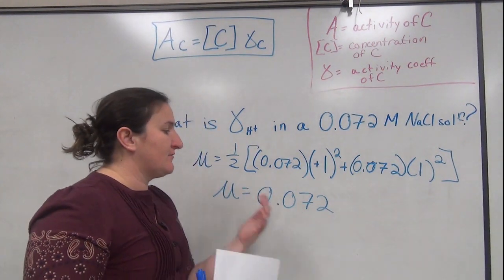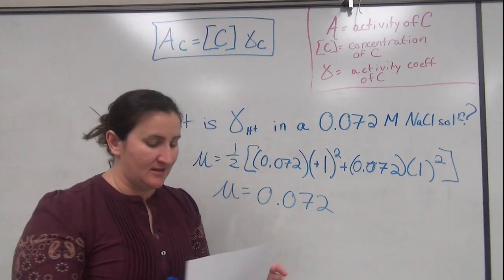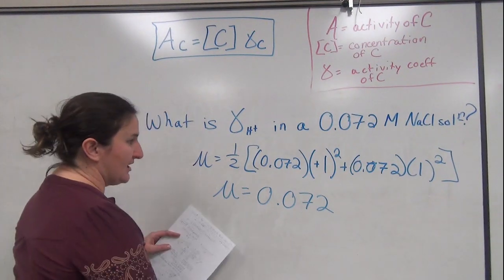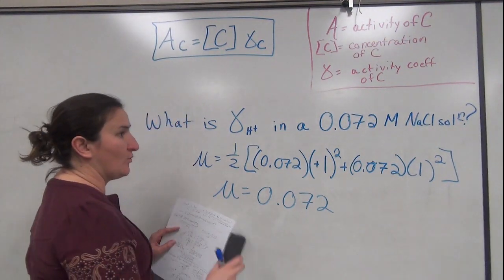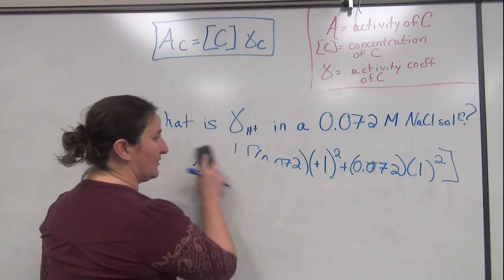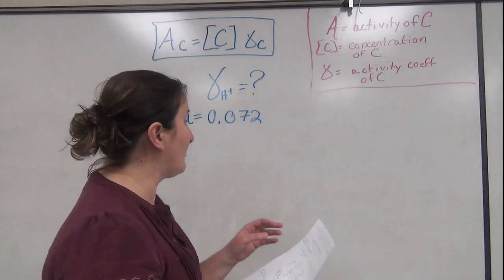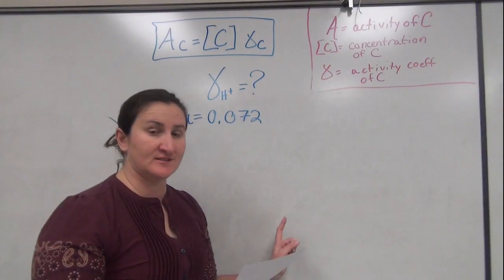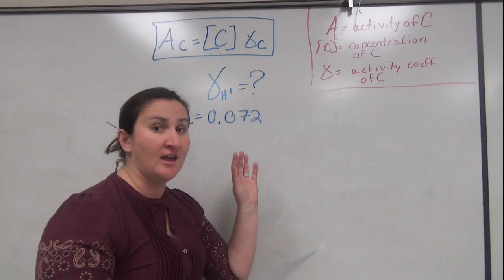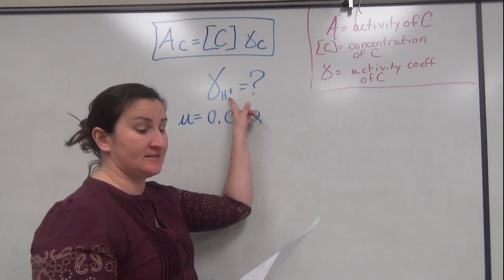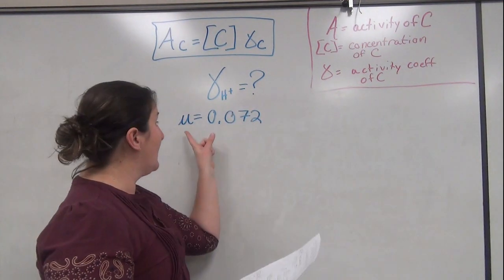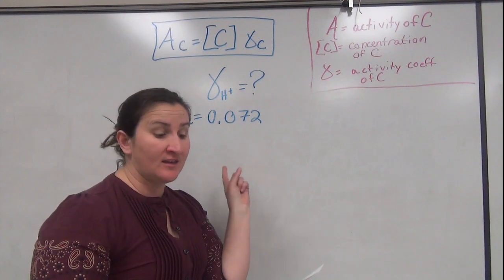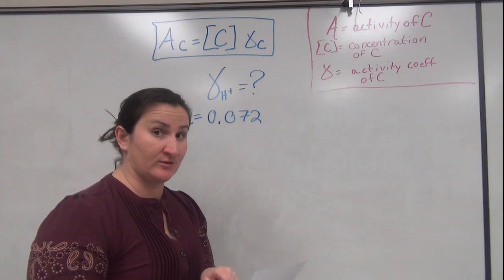So that means we need to figure out what it is. To begin with, I like to figure out what it's between. We can interpolate, or we can use this fancy equation and plug and chug in order to figure out what my alpha is. Something to be noted here: mu, our ionic strength, doesn't care what the solution is.